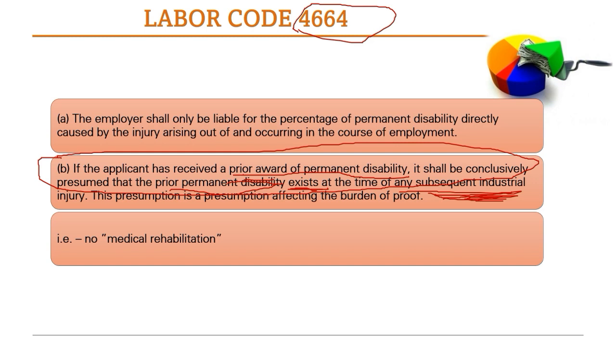So what does that tell us? How does this reduce costs? This reduces costs by disallowing a brand new disability award as if the examinee had a medically rehabilitated back. In other words, 4664 prohibits a claim of a medical rehabilitation. And we used to encounter these claims all the time.